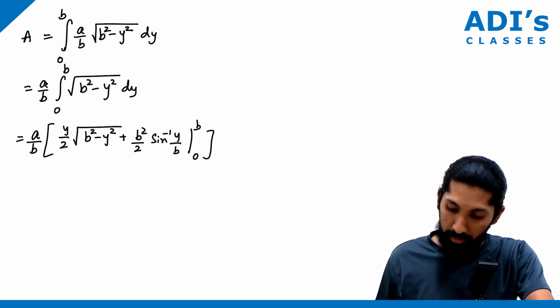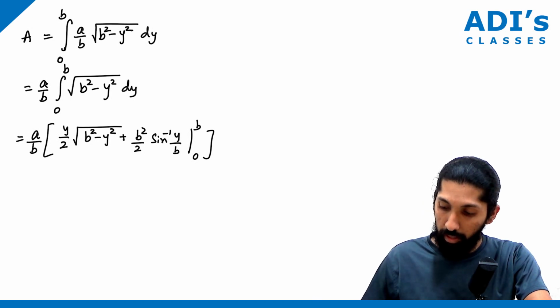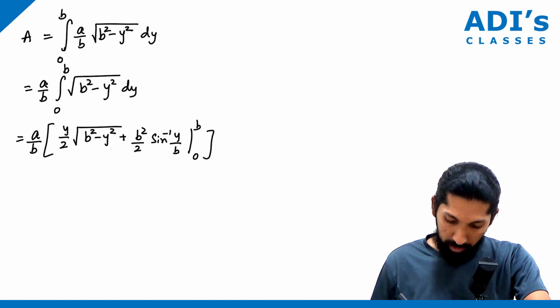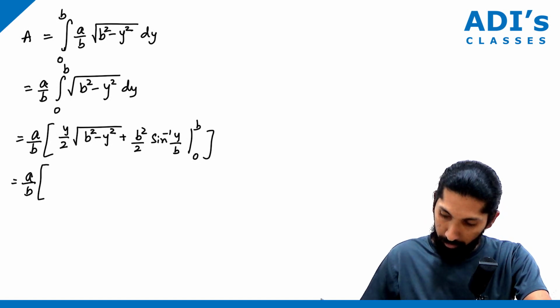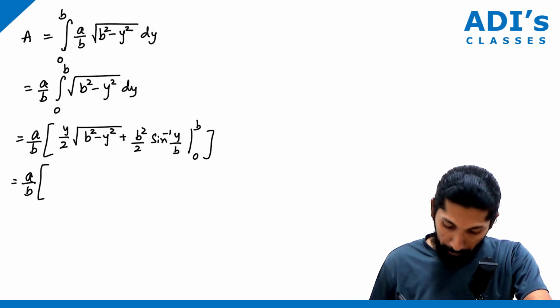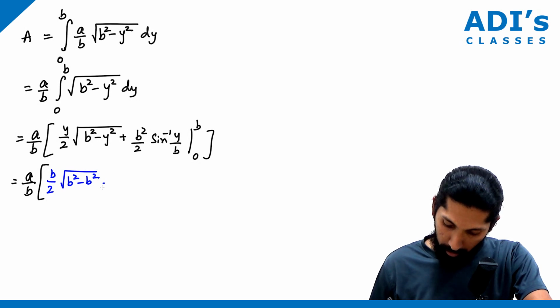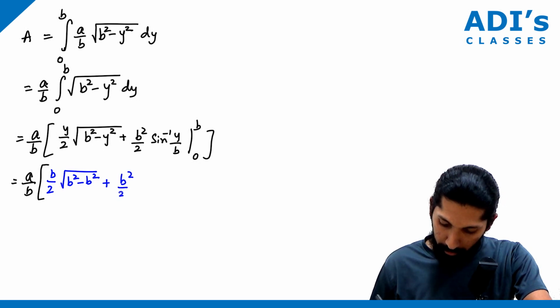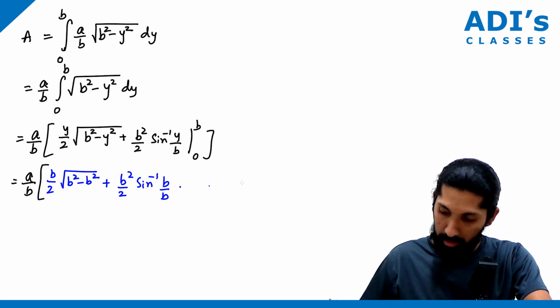Now we need to apply the limit. First we'll apply the value of b. That means a by b, keep this constant, into: if you apply the upper limit of b, you'll get b by 2 into root of b square minus b square plus b square by 2 sine inverse of b divided by b, minus.